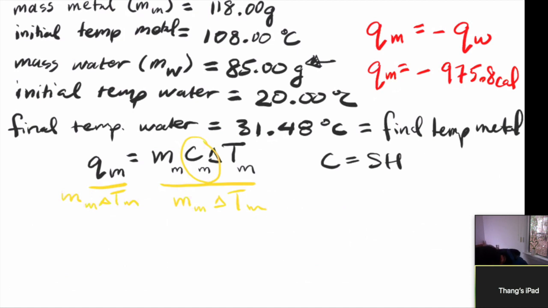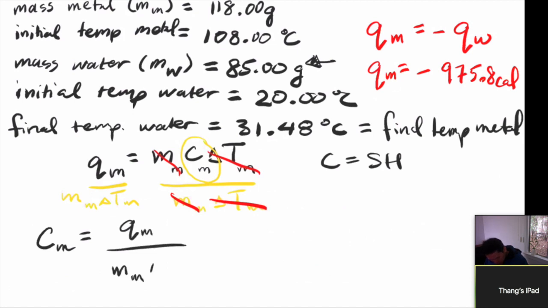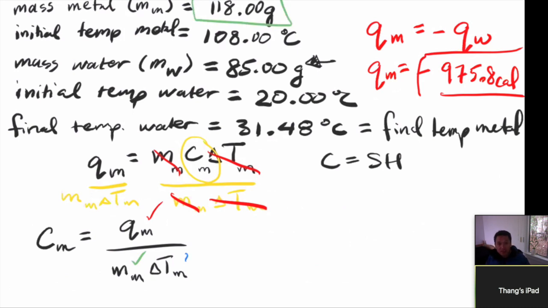Okay, so rewritten, this equation for specific heat of the metal, you get, okay, so remember that mass goes away, delta T goes away, so on the left-hand side, you have Q sub M divided by M sub M delta T sub M. Okay, the Q sub M we already know, yay, that was up here. The M sub M we also know because that's the mass of the metal right there.